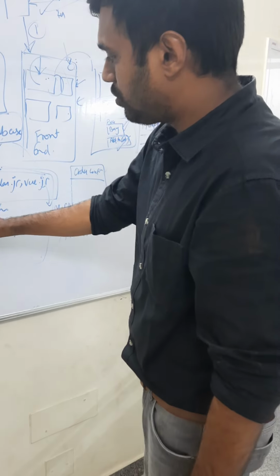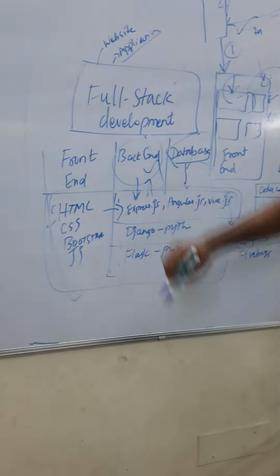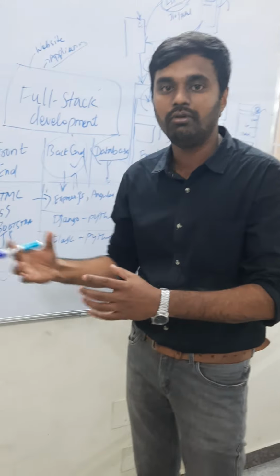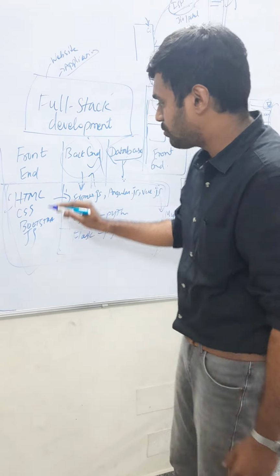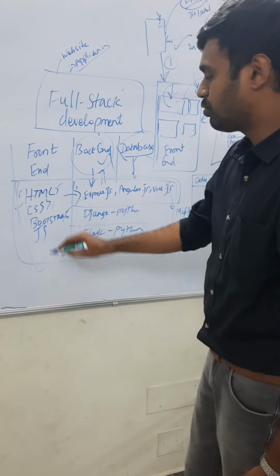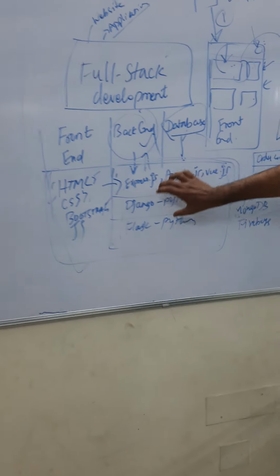So whatever the framework you are choosing here, the front end remains the same for the web applications. So web application basically can be a mobile app, also a website. So those are called web applications. For this web application, we need to learn these things: HTML, CSS, JavaScript, Bootstrap. So with the help of this knowledge, you can take the next level.